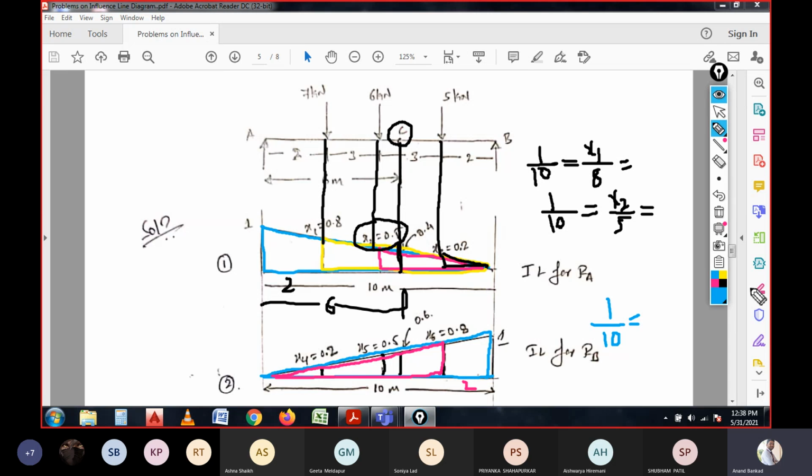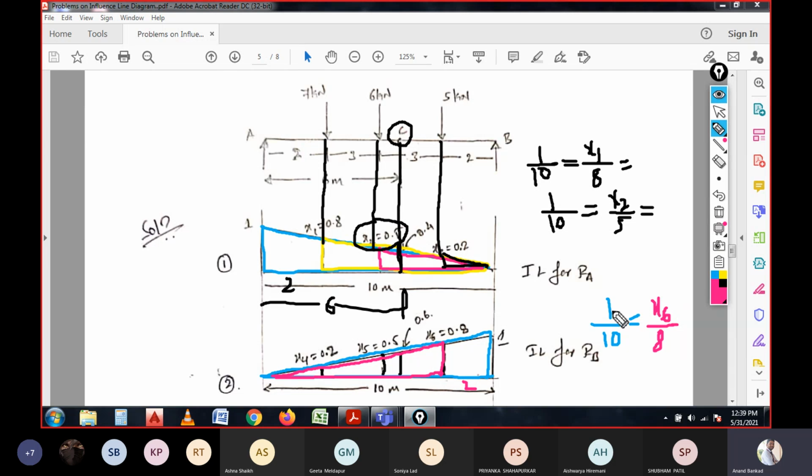And for pink line, we have the triangle of x6, which is unknown because that is the height, divided by 8. 8 is because the 10 meter is subtracted with the 2, because from here we are starting to calculate the length. That means the pink color triangle has the base length of 8 meter and height is unknown.